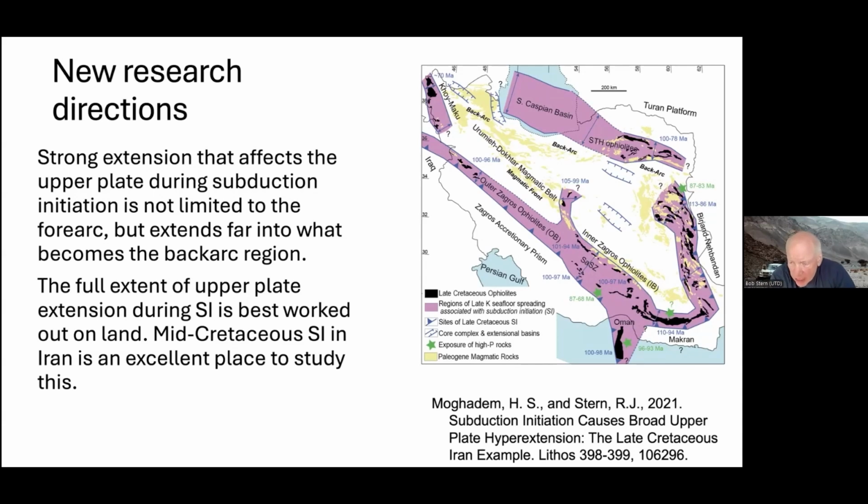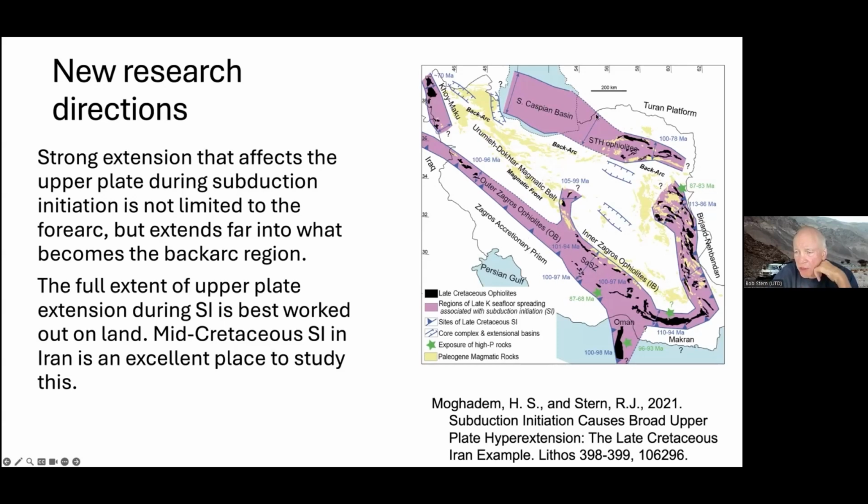But in places like Iran, we can see that there was a subduction initiation ophiolite in what's called the outer Zagros ophiolite belt, which extends into the beautiful Oman ophiolite. And we can see that this happened somewhere between 100 and 95 million years ago.